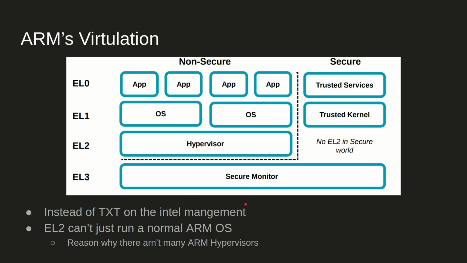But this is the thing. To initialize EL2, the hypervisor, unlike x86, which can happen at any time, it can only be implemented when it's in its execution level. So at startup.